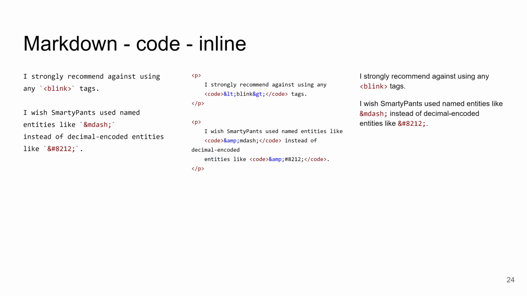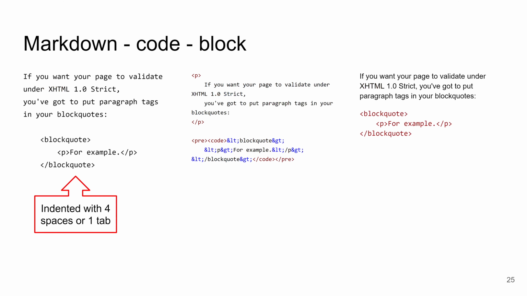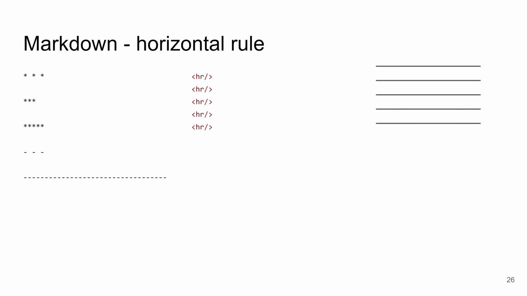Now, this was inline code, and if you want to use code blocks, you can do that also easily. You just indent the code block with 4 spaces or 1 tab, and whatever is indented gets translated into a pre-formatted code block in HTML. So again, very simple. Now, another thing, horizontal rules.